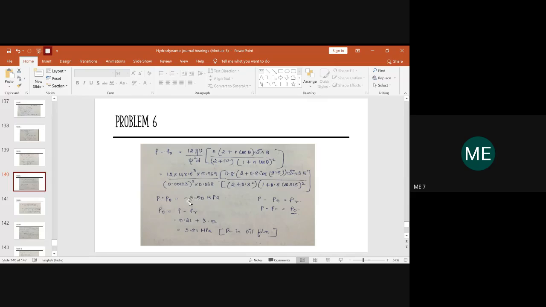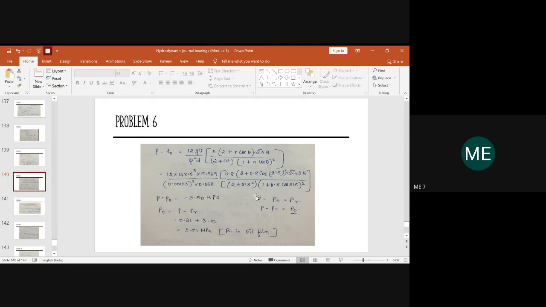So now we came to know the pressure difference between the pressure in the oil hole and the pressure of the oil film. These two will provide you the pressure difference. It was minus 3.50. The basic equation right here is nothing but P minus P naught is equal to PR. This P minus P naught will give you the pressure difference, which is nothing but P suffix R. So now we got the value of P suffix R, right?